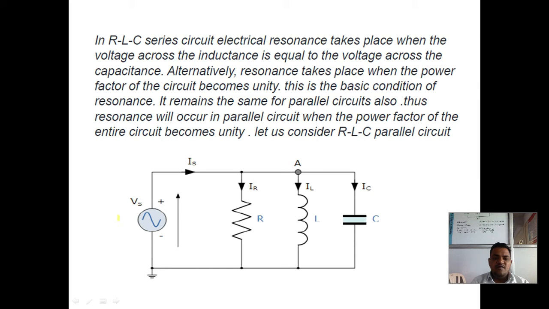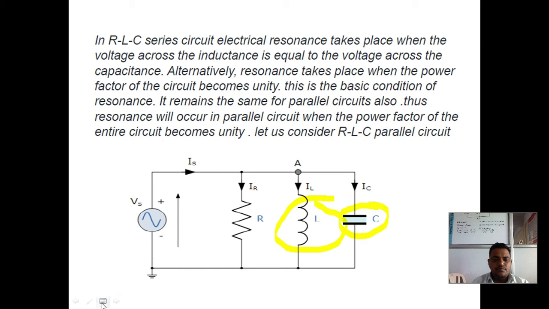Means the voltage drop across the inductor is equal to the voltage drop across the capacitor, both are equal. Alternatively, resonance takes place when the power factor of the circuit becomes unity, and this is the basic condition of the resonance.